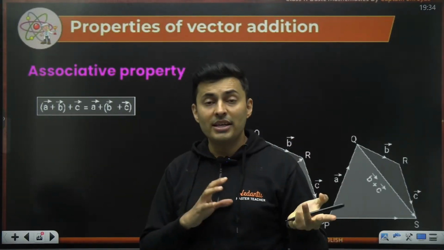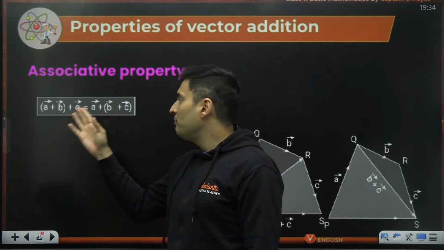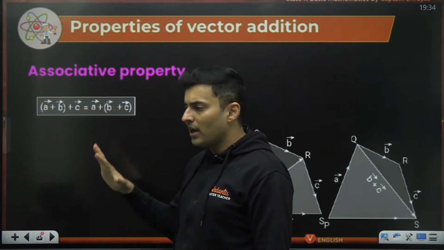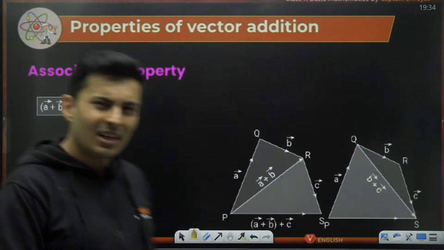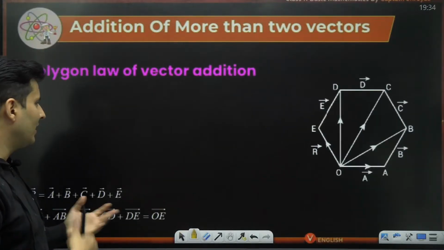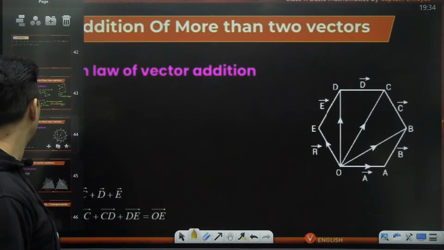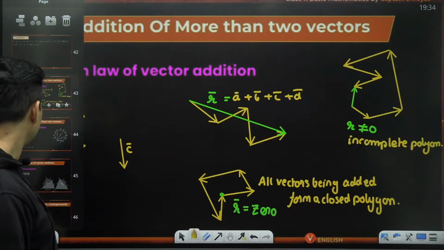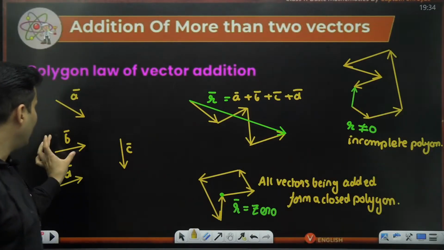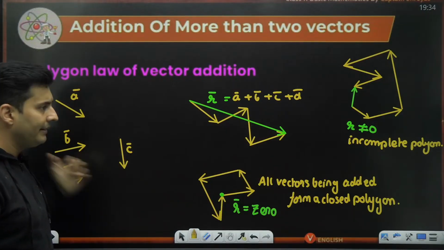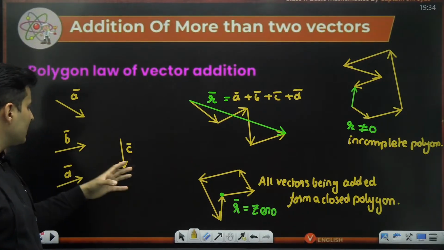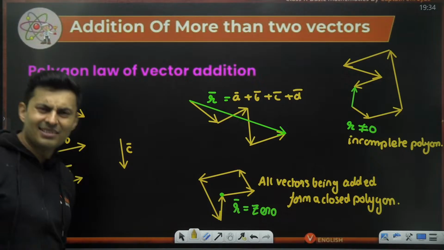Okay. Now, the last property over here is the associative property, meaning whether you add A and B first and then add it to C, or you add B and C first and then add it to A, doesn't matter. The result will be the same. It's like an extension of the commutative property. So, whether I take A and B first and then add it to C, or B and C first and then add it to A, or B and D and C first and then add it to A, doesn't matter.